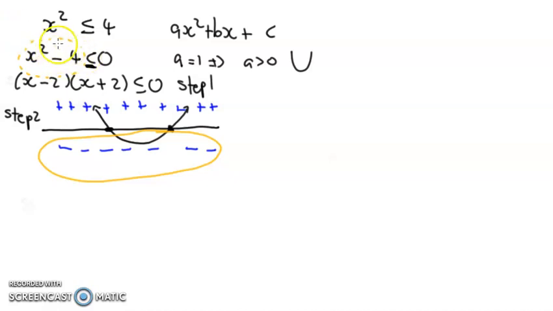If we wanted the region where this expression is greater than 0, we would choose the top. But we want the region where x squared minus 4 is less than 0. It's at the bottom. Always, if you have an expression that is less than 0, you're going to put a circle at the bottom. If you have an expression that is greater than 0, you're going to put a circle on top. Okay, now that we've put a circle at the bottom, we want to know the region of the graph itself that is below 0.